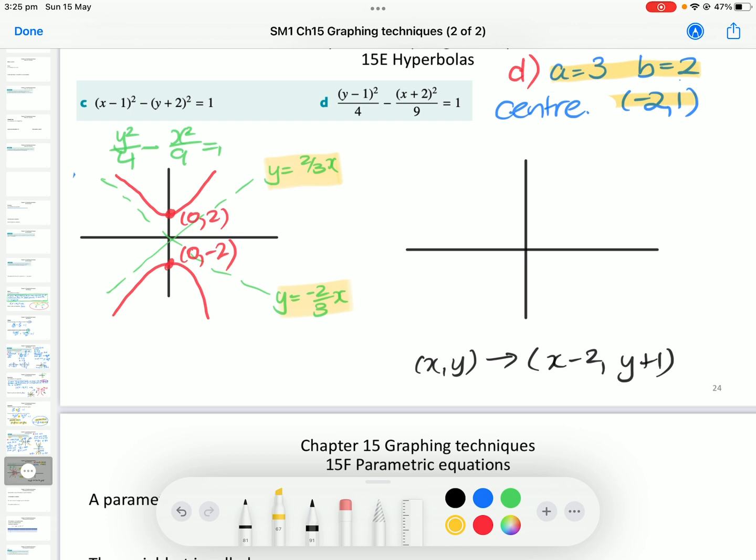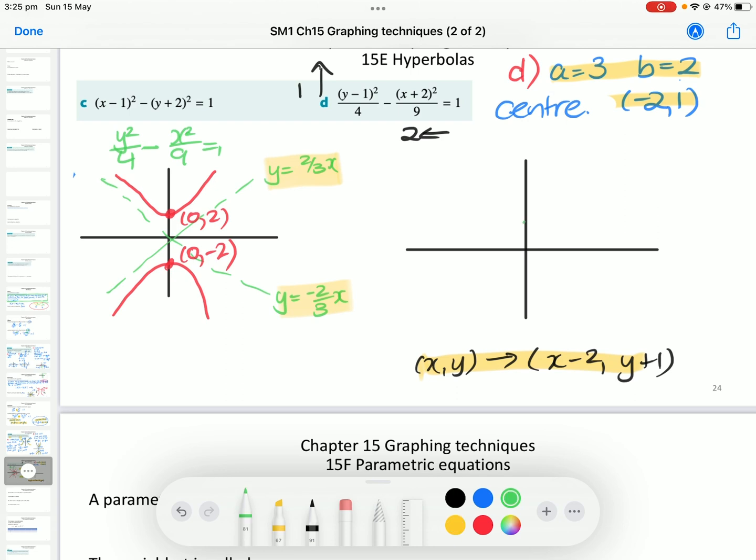So if it was x plus 2, we know from what you've done last year that means you move it 2 to the left, and y minus 1 means you moved that 1 up. So that's basically what this bit down here is saying. So if I've got my hyperbola that I drew originally, I want to move that 2 to the left and 1 up. All right, let's do it.